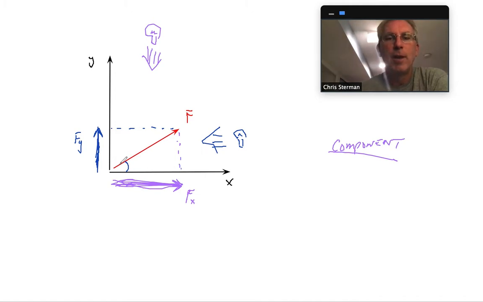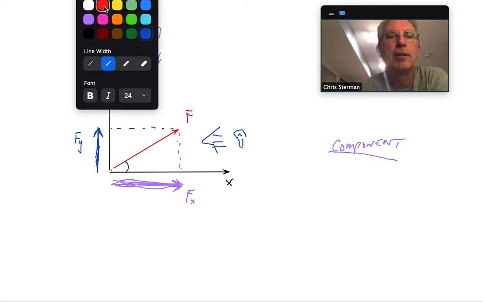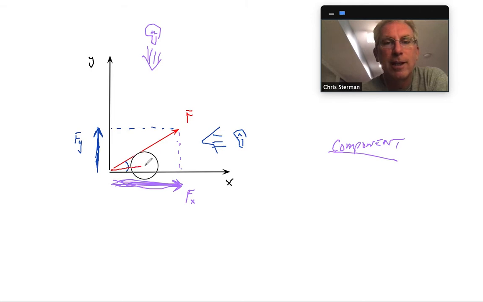All right, so if we redrew this thing, let's say I drew my force, I should change colors again. If I drew my force way down here, then I would still have the same length of F x, my x component, but my y component would be much, much shorter. It would be cut off there.